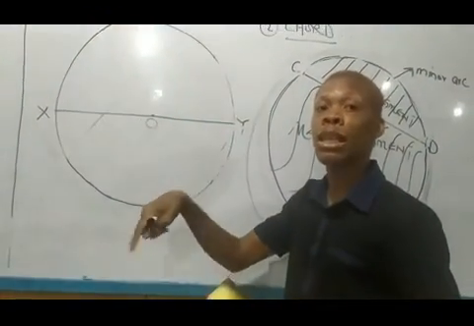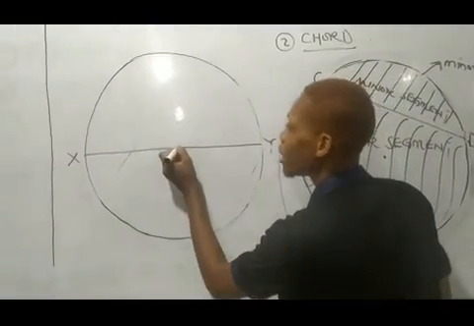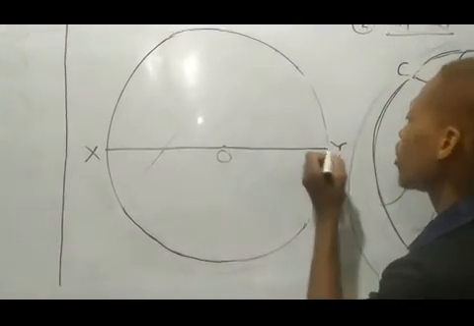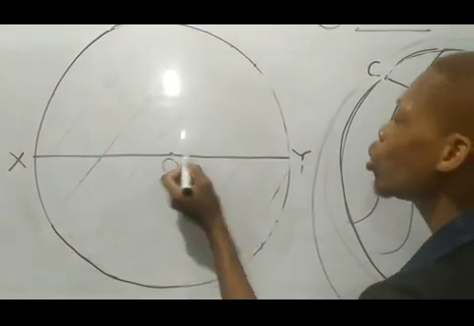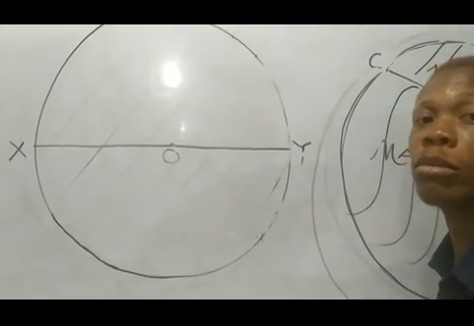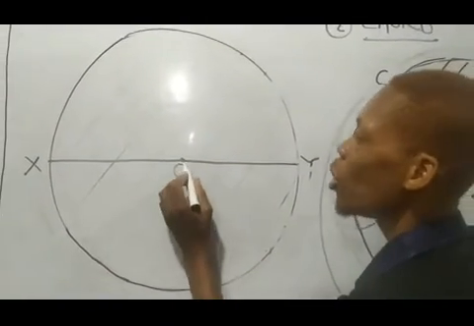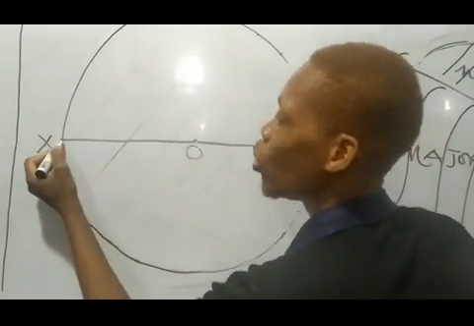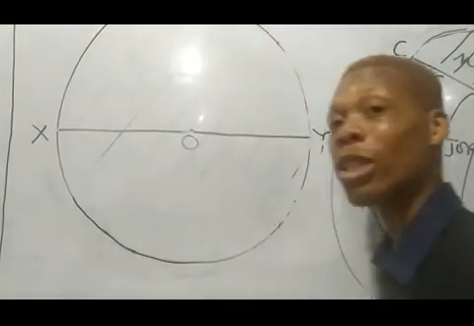If you are looking at the center here, this is center O. From O to Y, the line joining O to Y is a radius. Again, the line joining point O to point X is also called a radius.